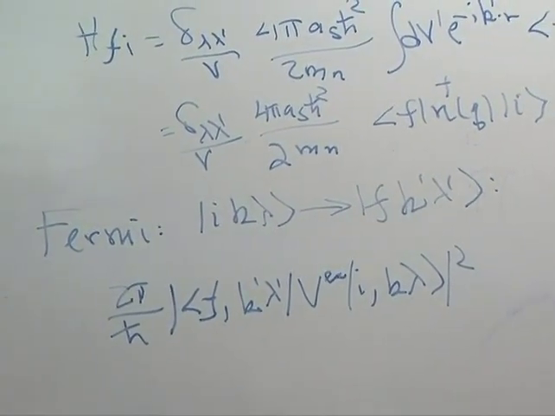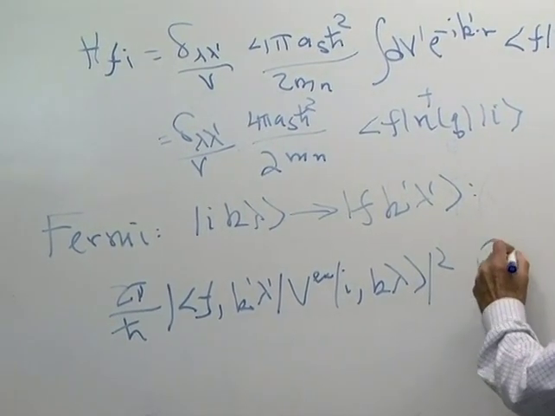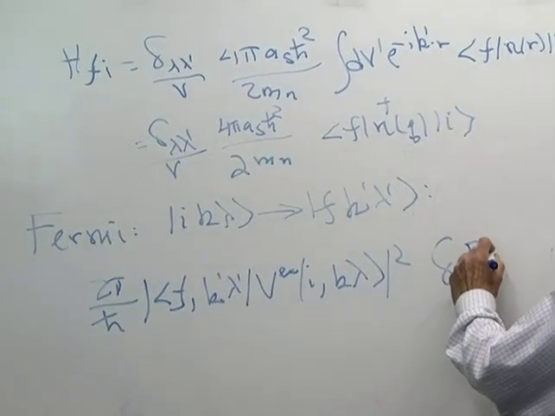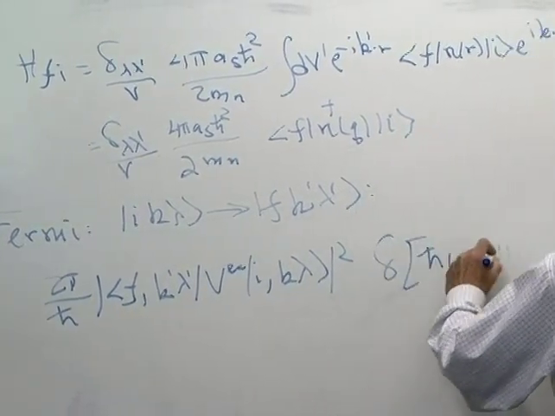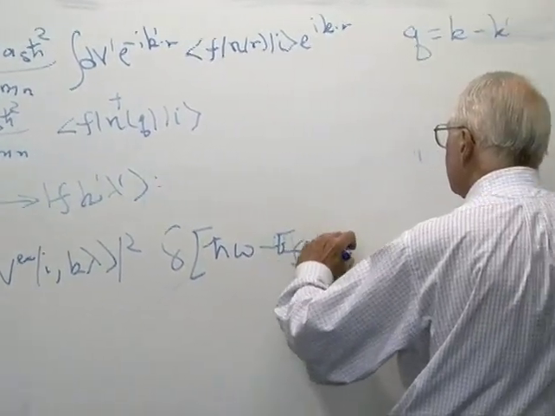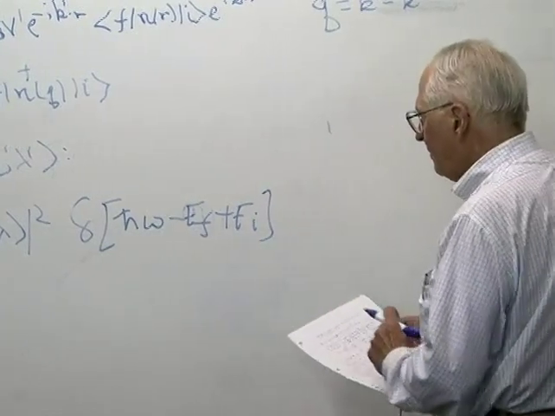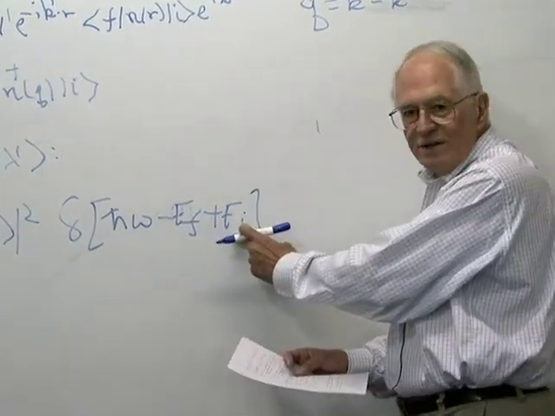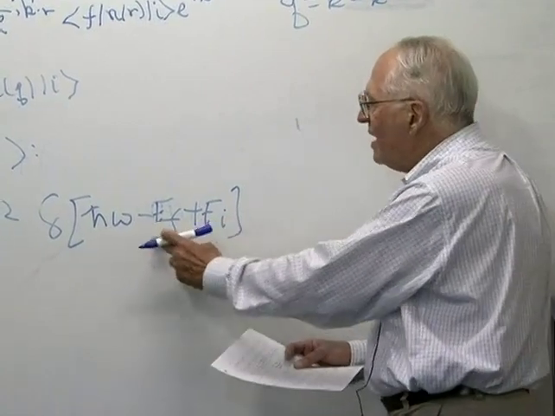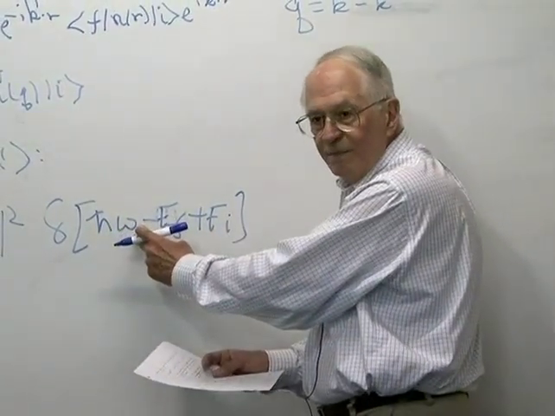And then you have this factor, which is the energy conserving delta function, delta of h bar omega minus E_F plus E_I. Now, this is the difference of the target energies. And it says that the energy gained by the target has got to equal the energy lost by the neutron.